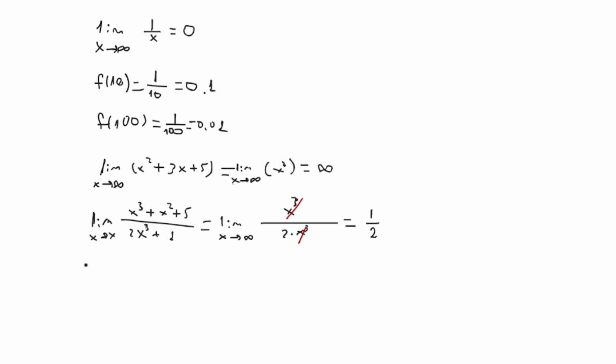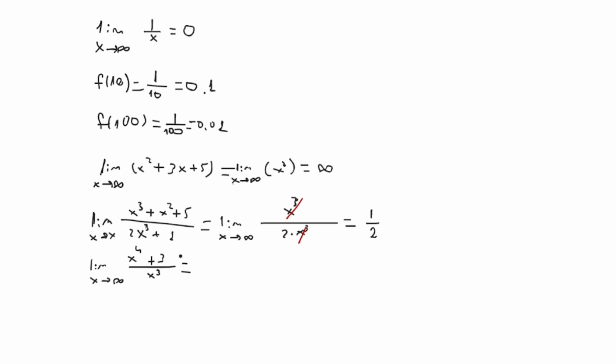So the answer to this problem is 1 over 2. Now let's write an example where the power of x in the numerator is larger than in the denominator. For example, we have the function x to the power 4 plus 3 over x to the power 3.